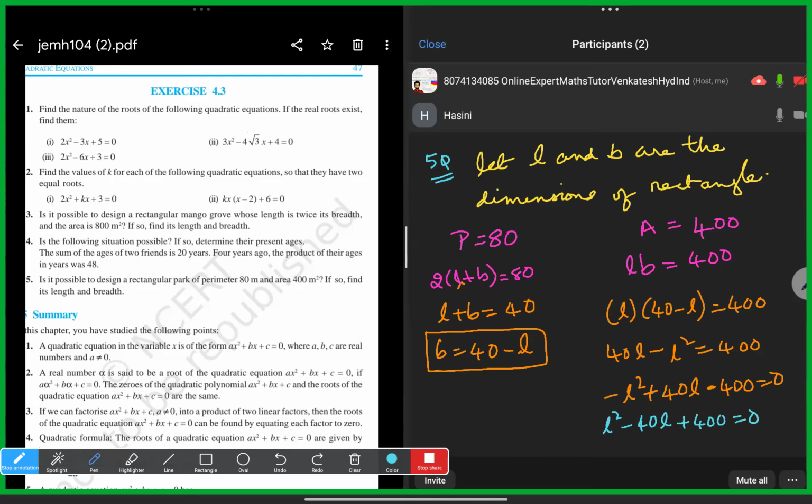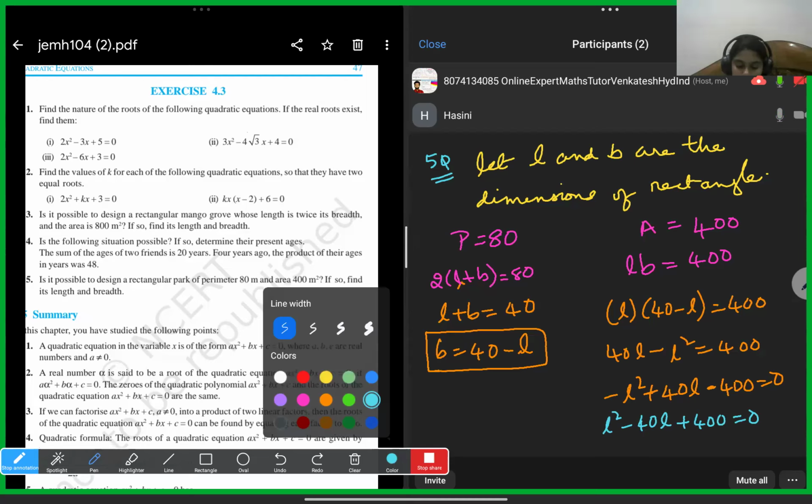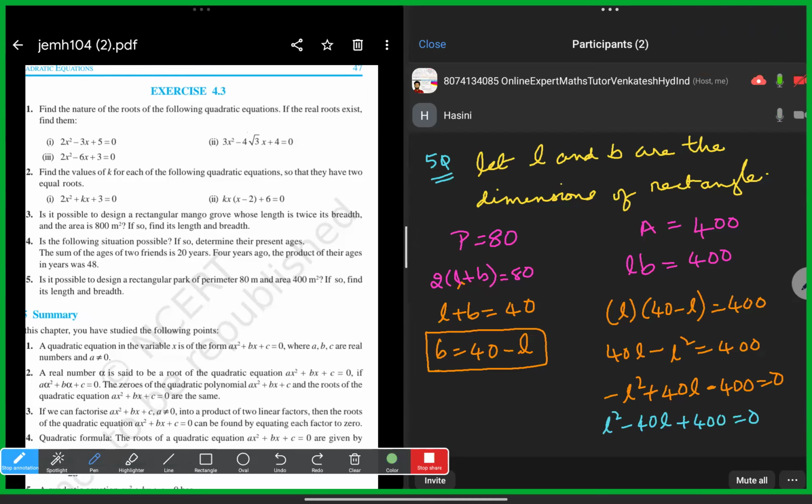Now, like I said, before going to either splitting the middle term or the quadratic formula method, you have to check the b square minus 4ac value first. Whenever they say "is it possible", then we will know whether it's possible or not.